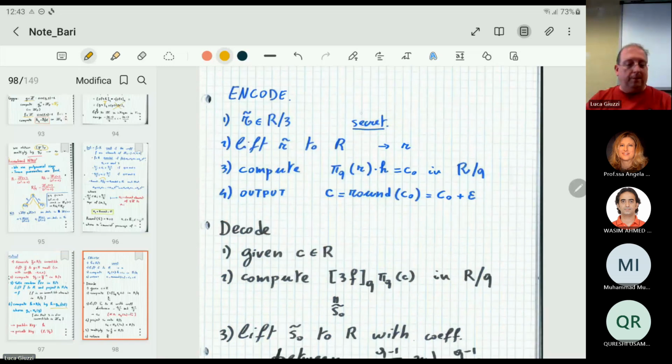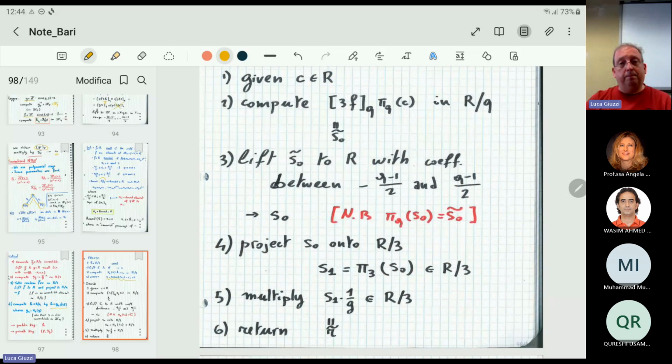Encode, as before: we take r tilde here, we lift it to an integer coefficient polynomial, we compute its projection times h in R over Q, and then we give as an output the rounding of this thing, which will be c0 plus epsilon. This is the same as introducing the noise term before.